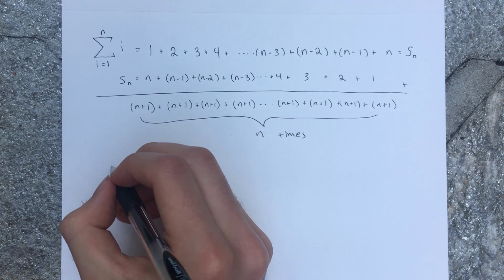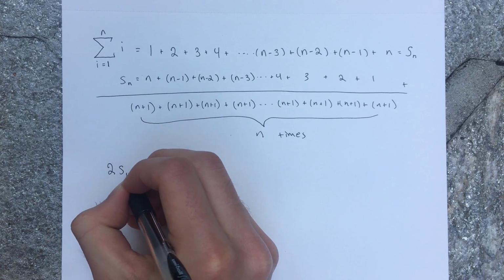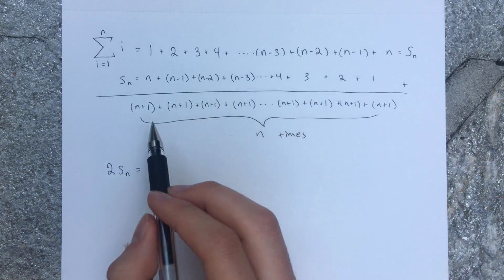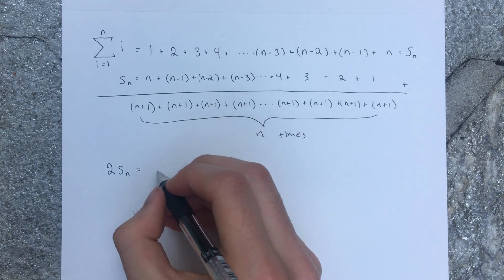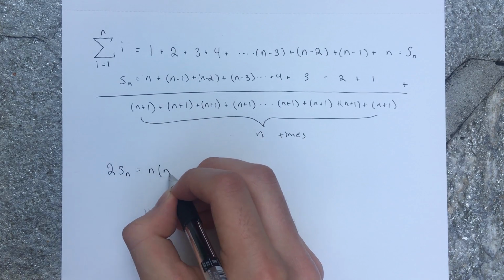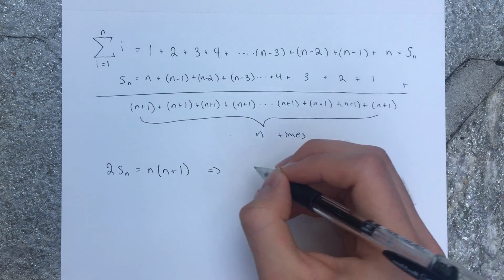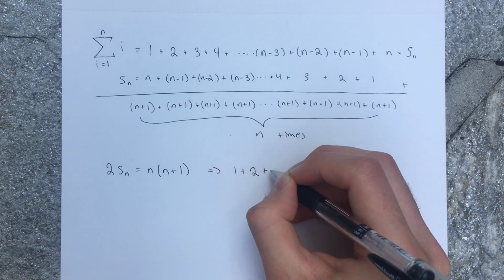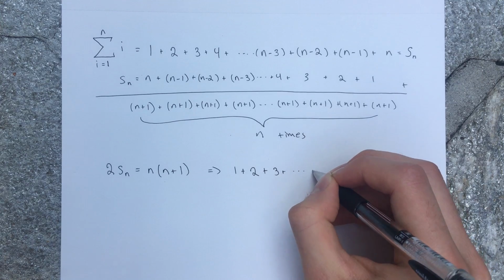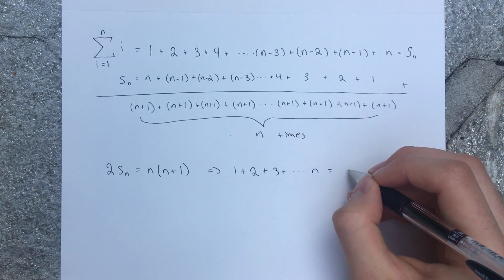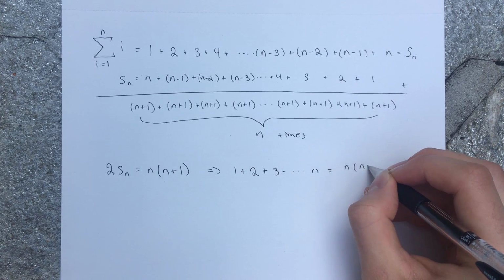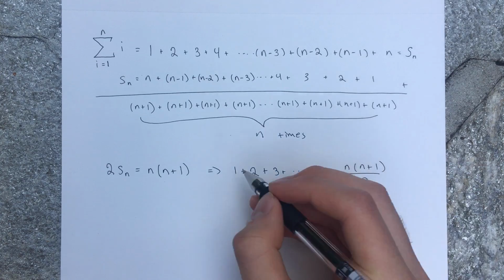So we can rewrite this. We have 2Sn equals n times n plus 1. And that gives a formula for our sum: 1 plus 2 plus 3 plus so on is equal to n times n plus 1 over 2.